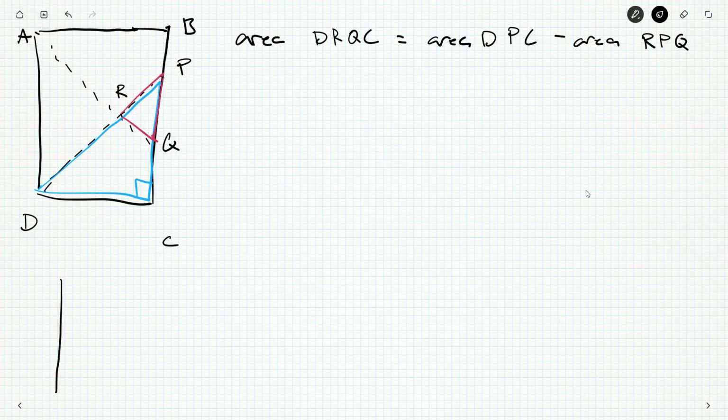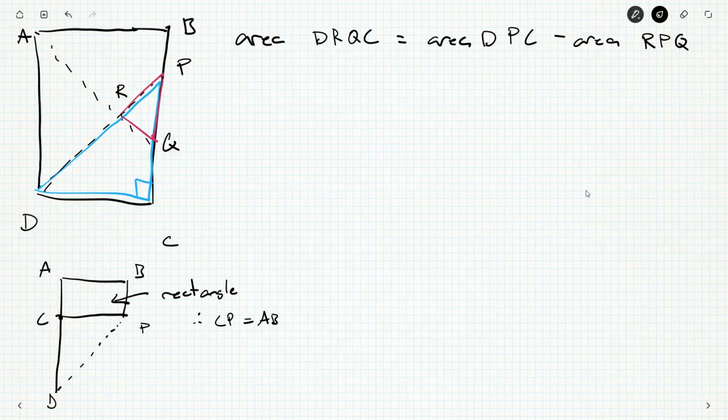When we folded it originally, we had D, we had P, C was folded up here. And we can see ABPC is a rectangle. So that tells me CP is AB, but I know AB. It's 5.